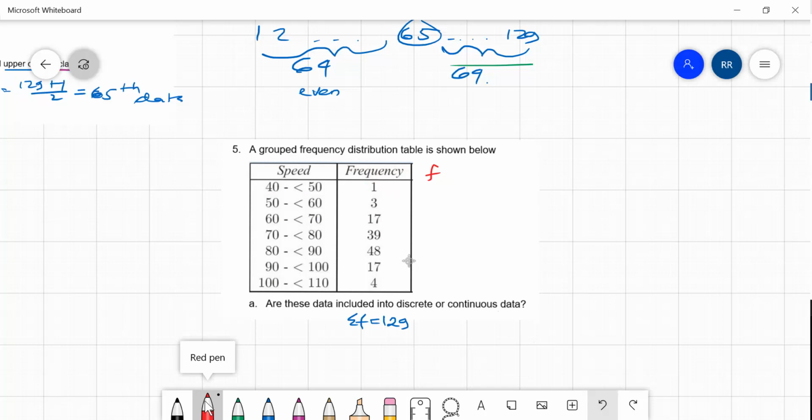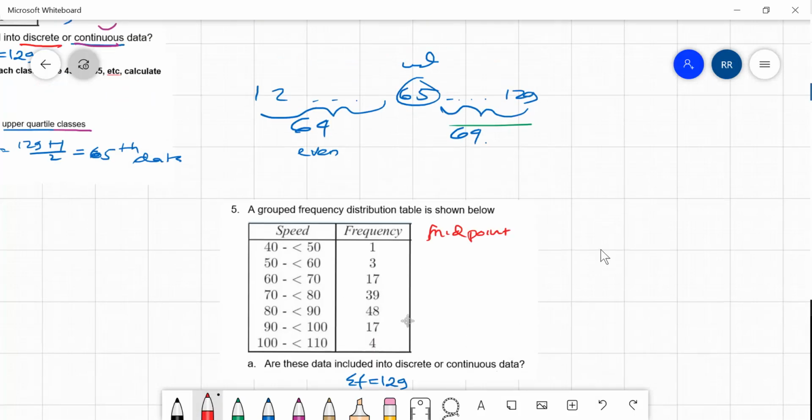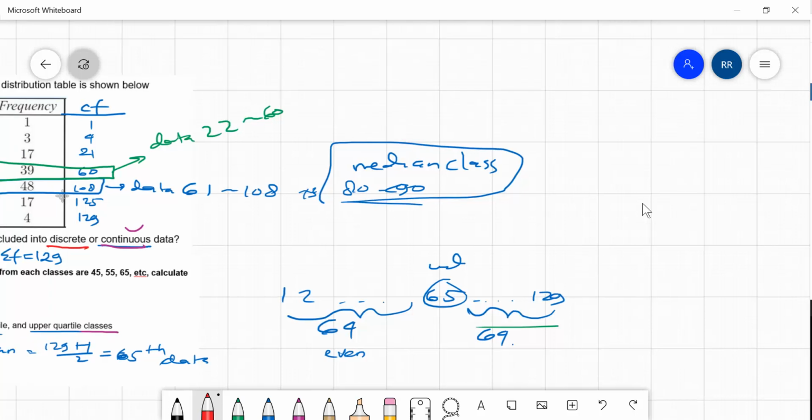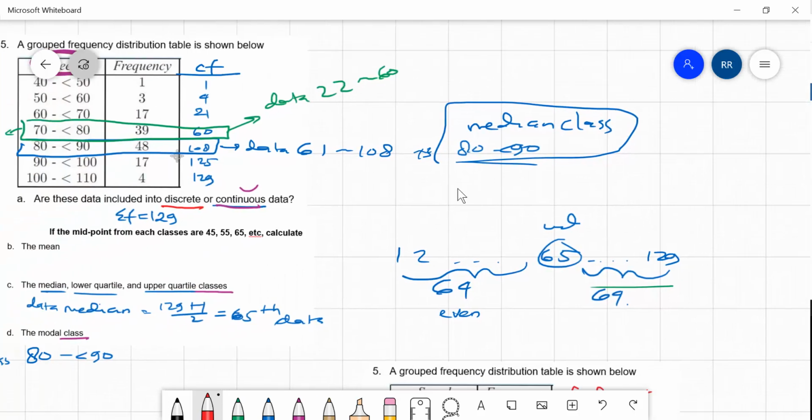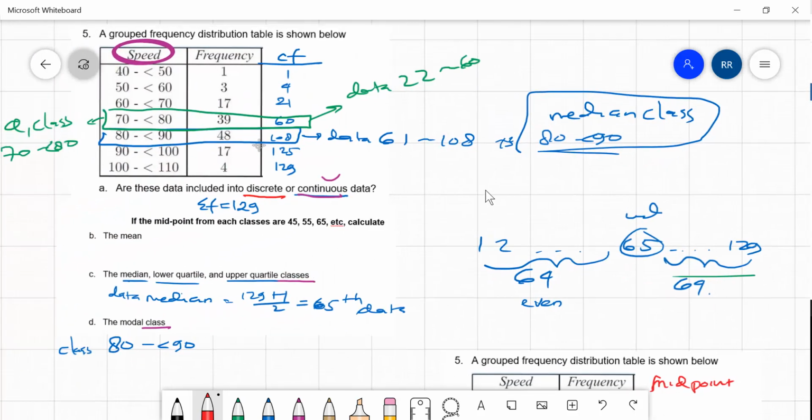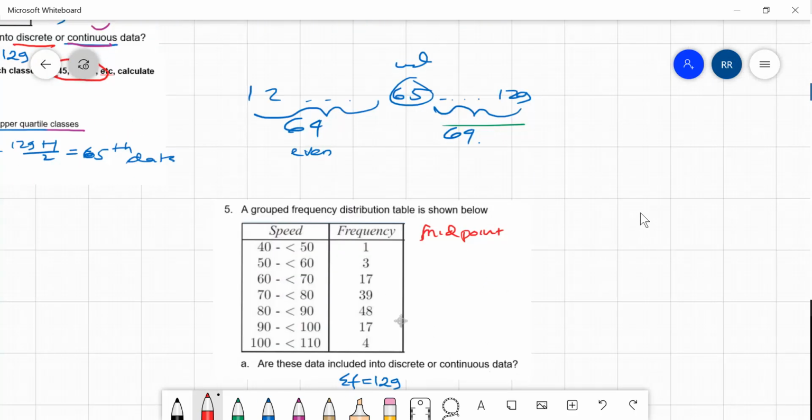But in here, guys, that's why we need what we call the midpoint for each of the class. So for this number 5, I have given you the information that the midpoints are 45, 55, 65. So 45, 55, 65, it's going to be like in here, guys.